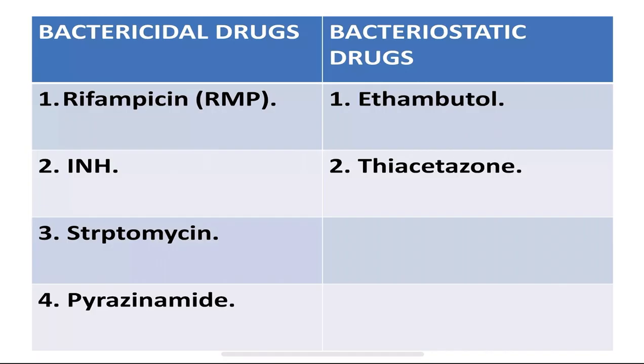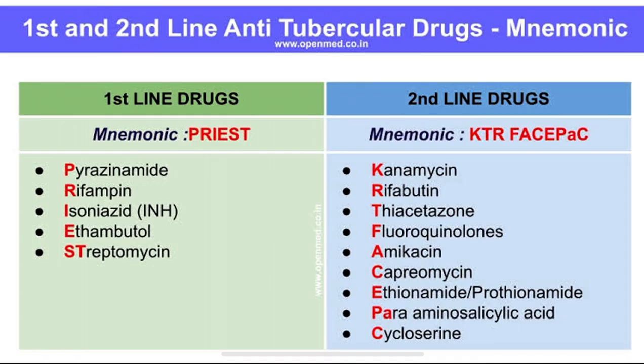And then we have streptomycin and pyrazinamide. These are the bactericidal drugs: rifampicin, isoniazid, streptomycin and pyrazinamide. Then we have bacteriostatic drugs, that is ethambutol and thiacetazone. Each of the drugs will be discussed in detail.